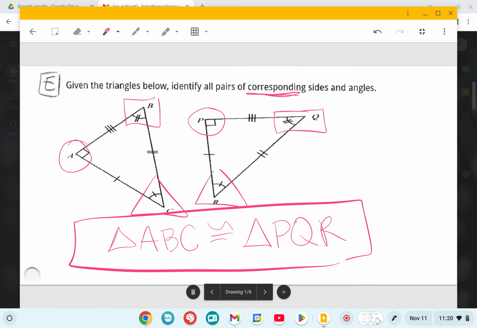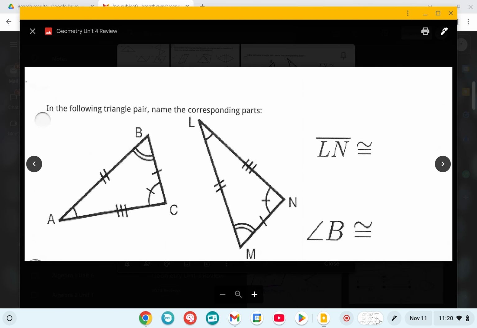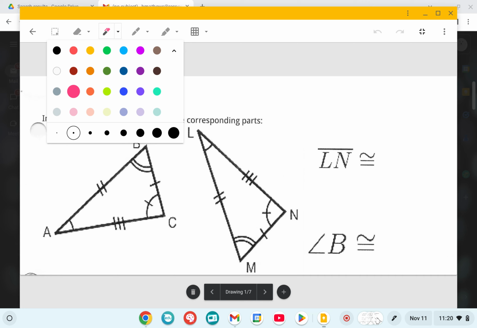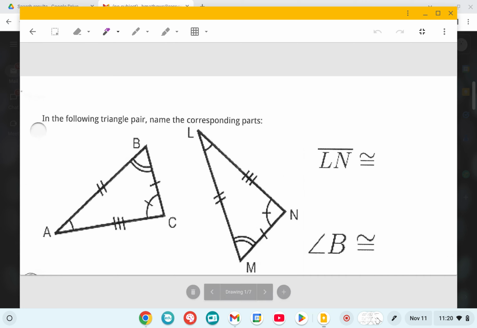That's very similar to what you're doing in the next section. It's directly related. And on the test, this is the way it's going to look. You're going to have a pair of triangles, and you just have to say which part goes with which. Well, LN is this part right here, so it's going to match up with this, but specifically it has to match up with the number of markings.